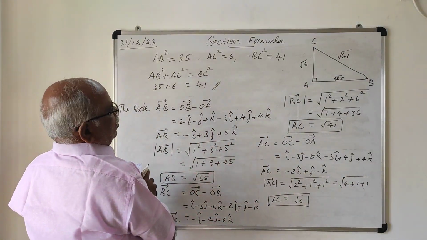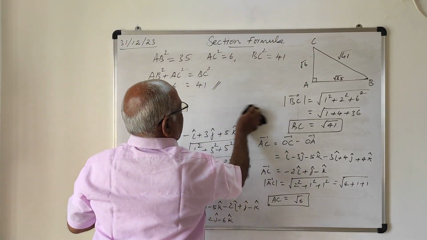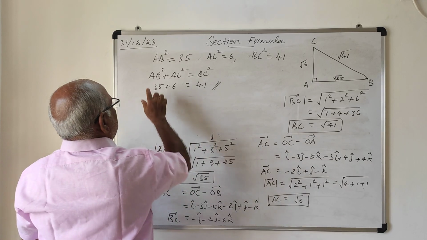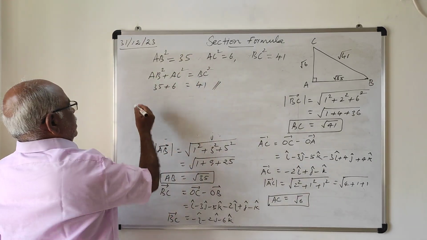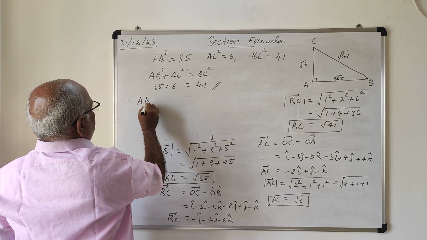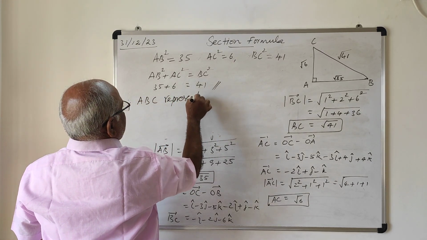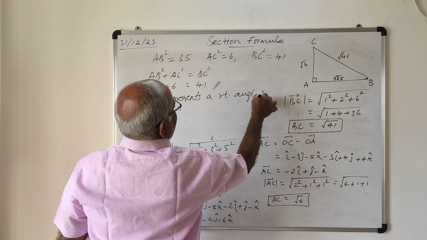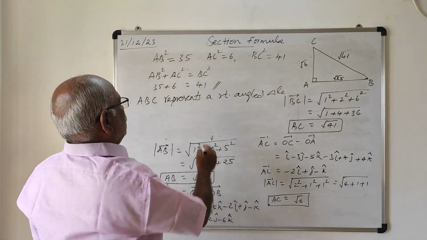Therefore ABC represents a right angle triangle, because the sum of the squares of the adjacent sides is equal to the square of the hypotenuse. Right angle at A. That's all about the problem.